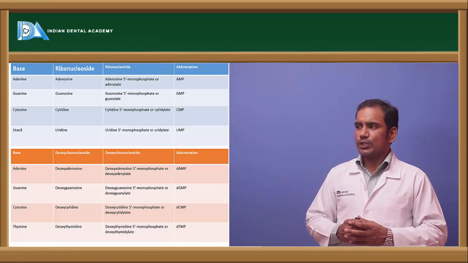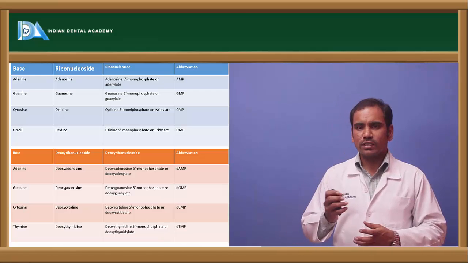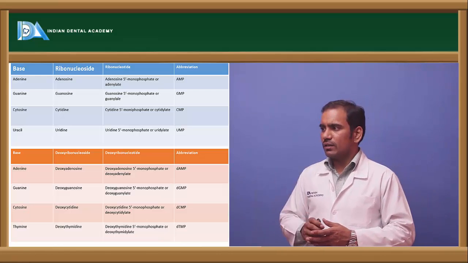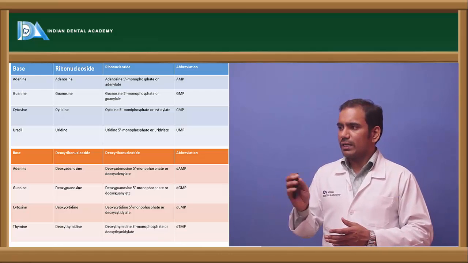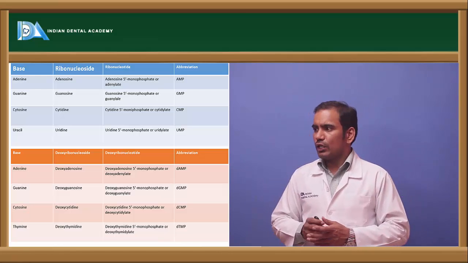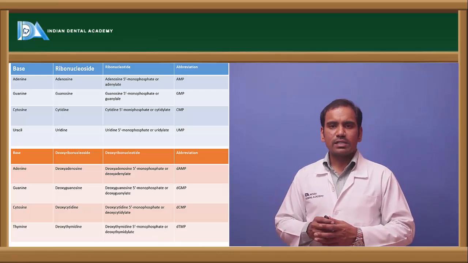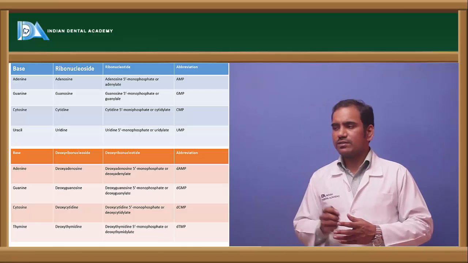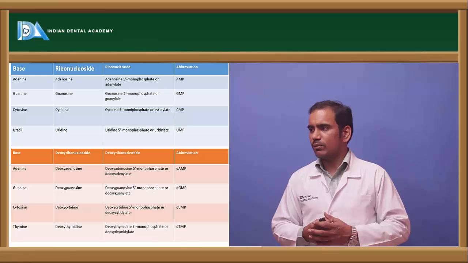And with the deoxy sugars, adenine with deoxyribose becomes deoxyadenosine, and with a phosphate it becomes a deoxyribonucleotide, in case of adenine, deoxyadenosine monophosphate. So the abbreviation is dAMP. That D stands for deoxy, because the oxygen of ribosyl is removed there.